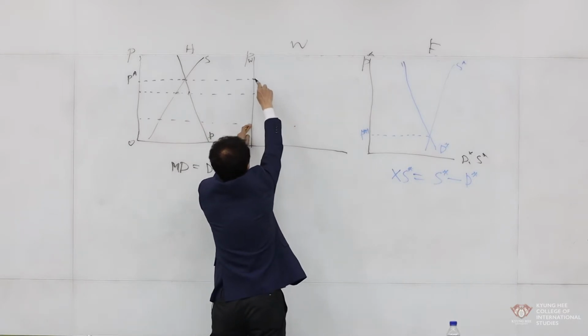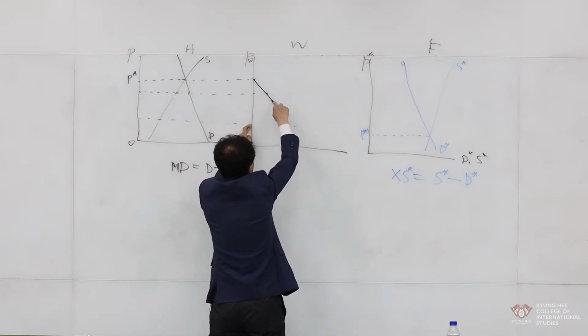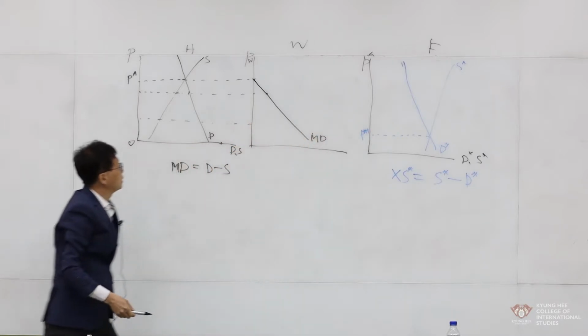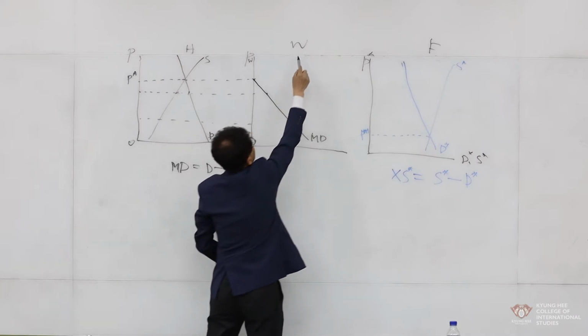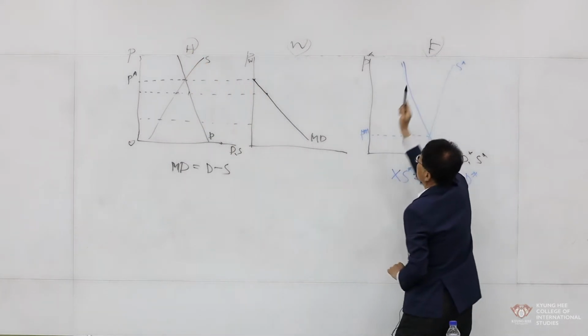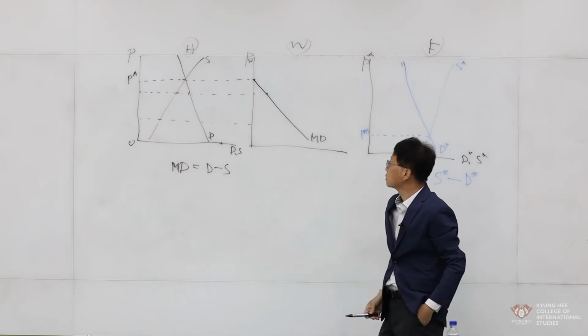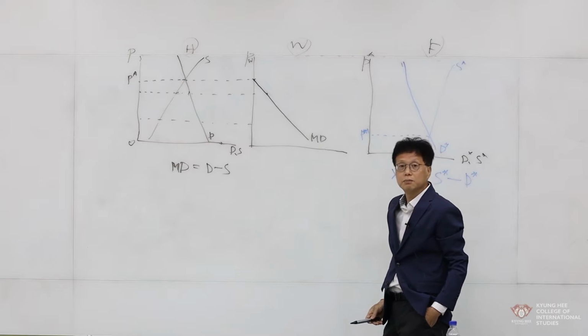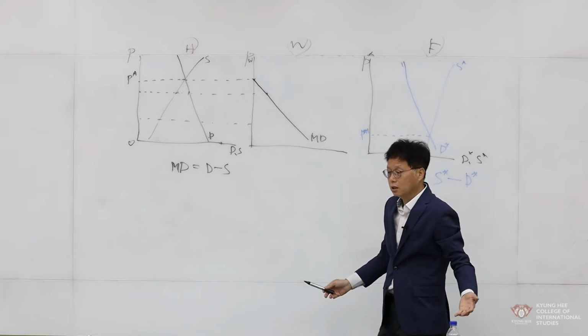Then if we connect this, we can graph the import demand curve at the world market. It's like this. So we can graph the import demand curve like this, okay?